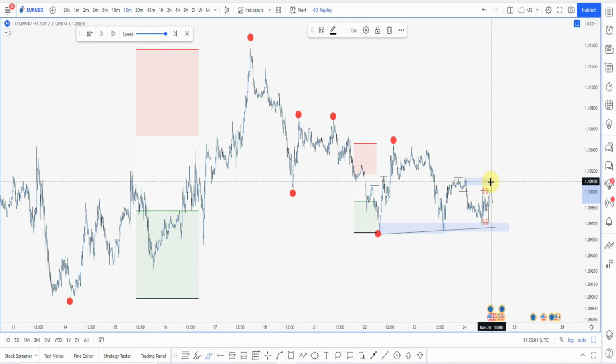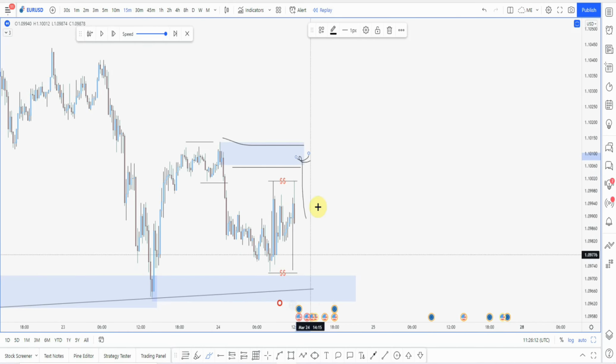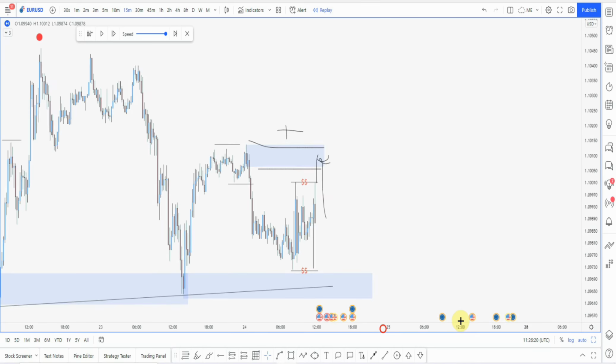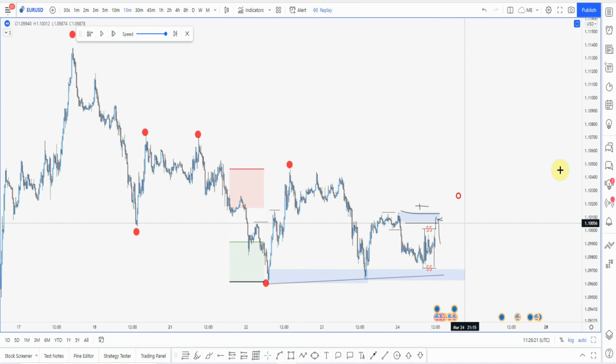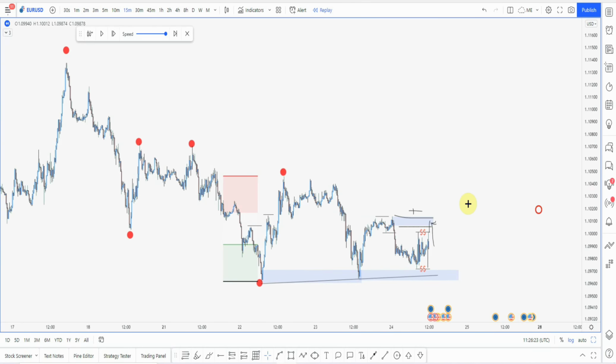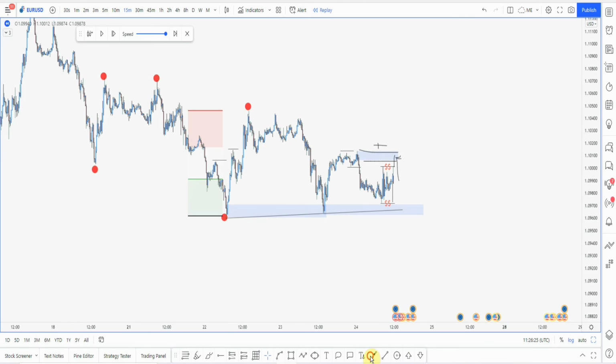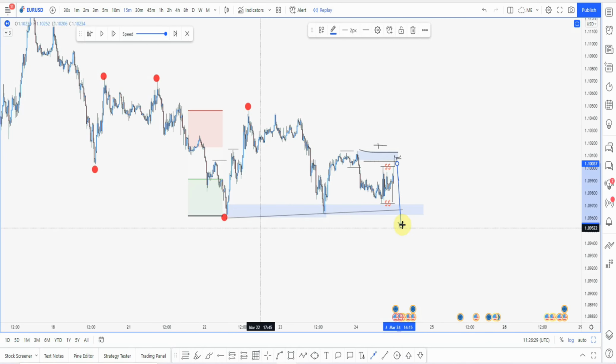The market first came to this point, okay. When the market came to this point of interest, this means the market builds equal highs for future liquidity, okay, and then the market trades downside, takes their liquidity and then trades high.